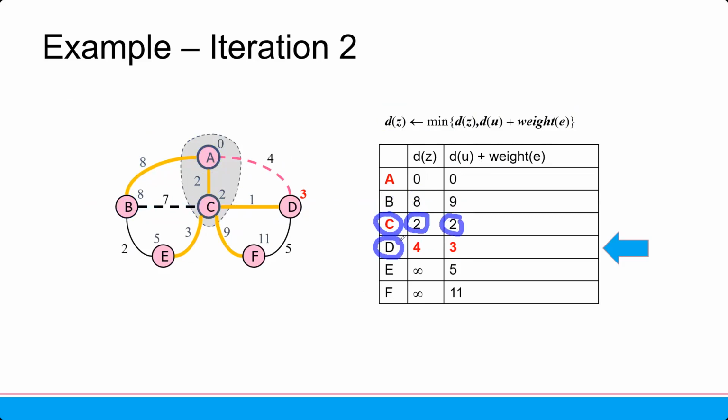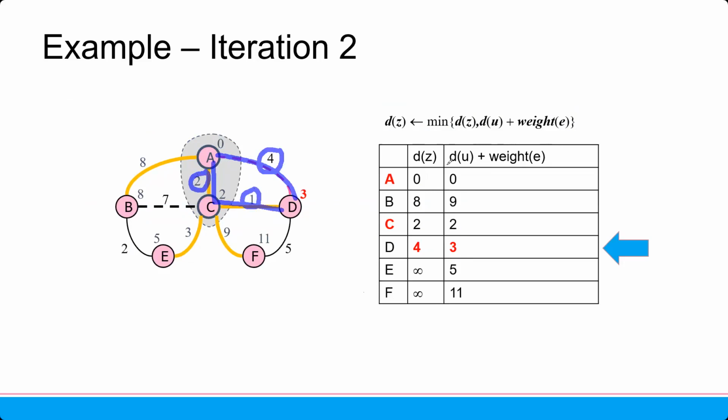What about D? We can see that the edge from A to D is 4. But if we want to go from A to D via C, so the edge is 2 plus 1.